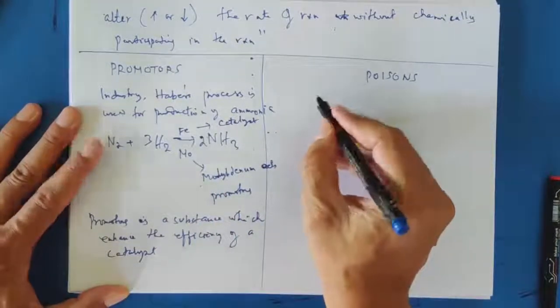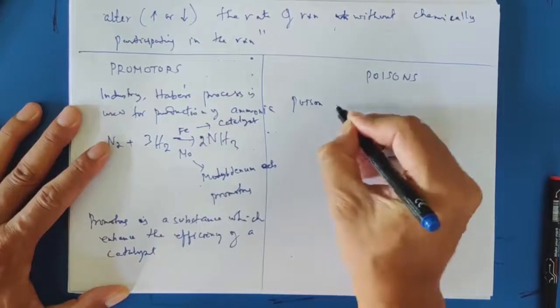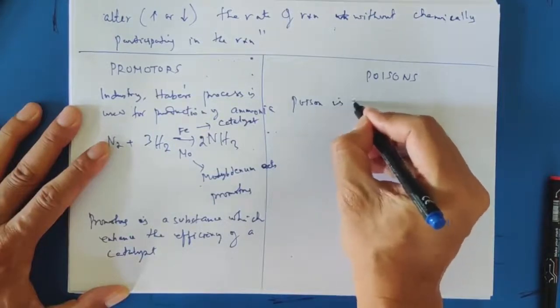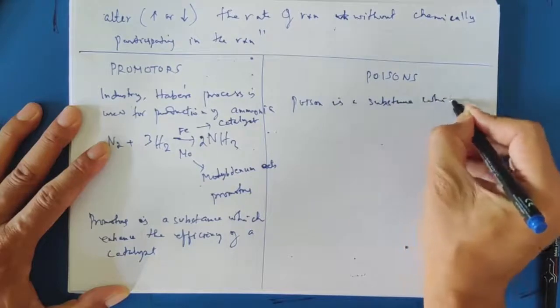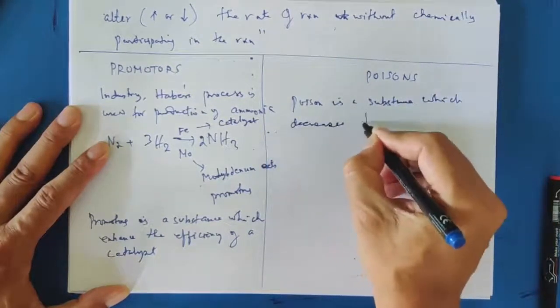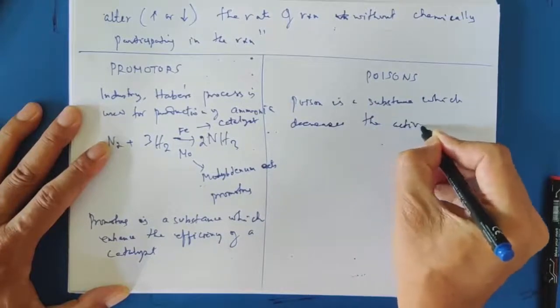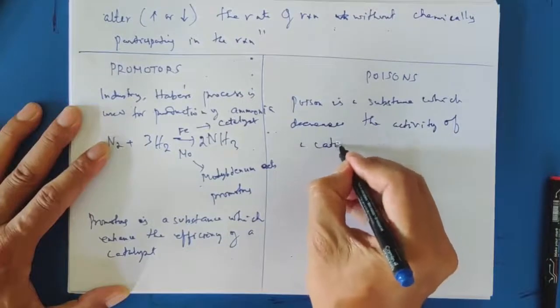Poison is the opposite. You can define poison like this: a poison is a substance which decreases the activity of a catalyst.